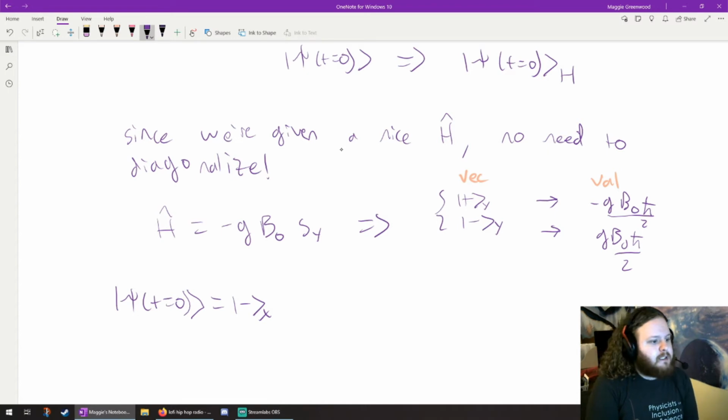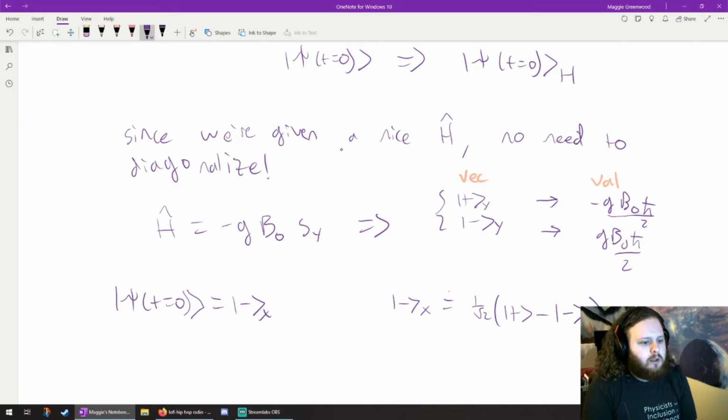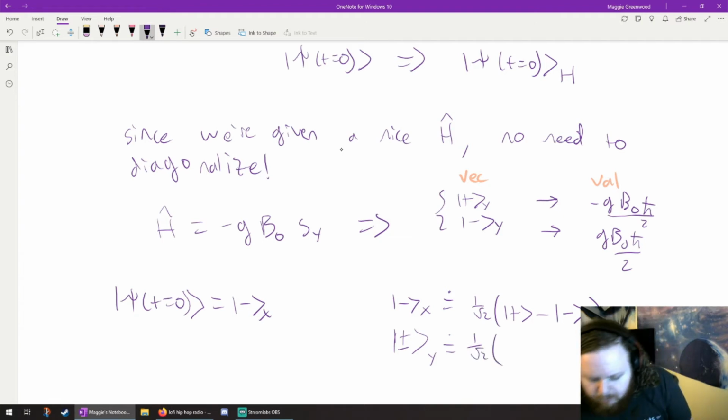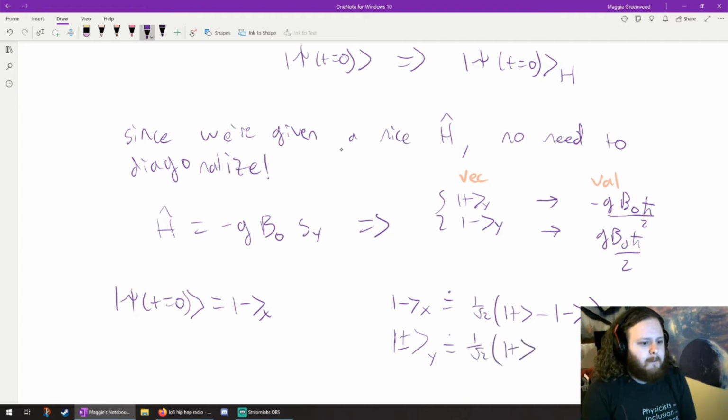So minus looks like, in the z basis, 1 over root 2 times plus minus minus. So get a little dot for any basis. And plus or minus y, in the y basis, looks like 1 over root 2, plus or minus i minus.